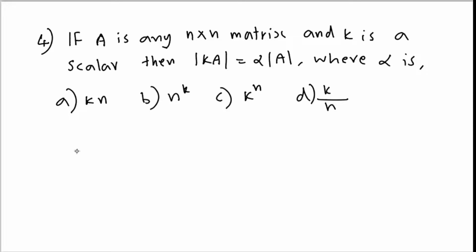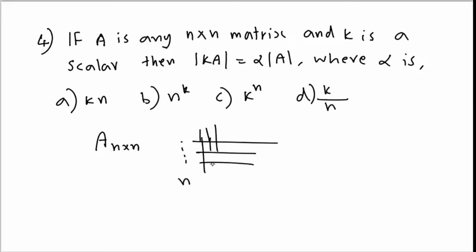It is given that A is an n by n matrix. What does it mean? It has n rows and n columns. Then determinant of Ka, what does it mean?